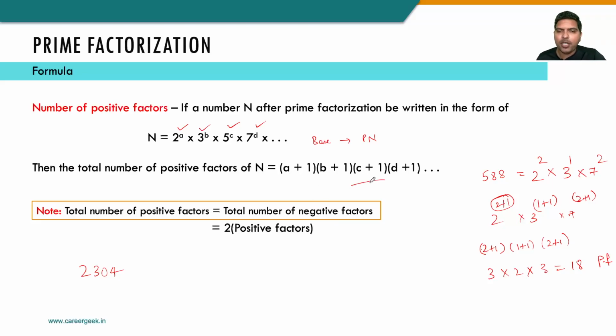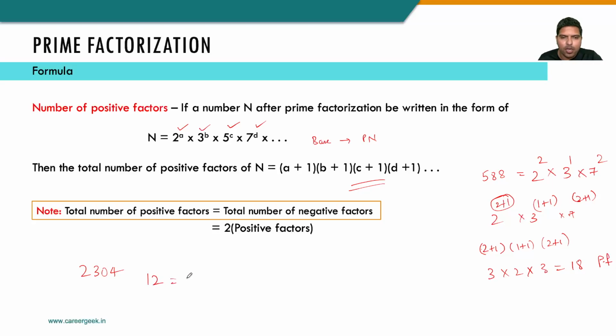Okay, the formula is straightforward. Step 1 is prime factorize so that the bases are prime numbers. Then step 2 is you add 1 to every exponent and multiply, right? You'll get the total number of positive factors.